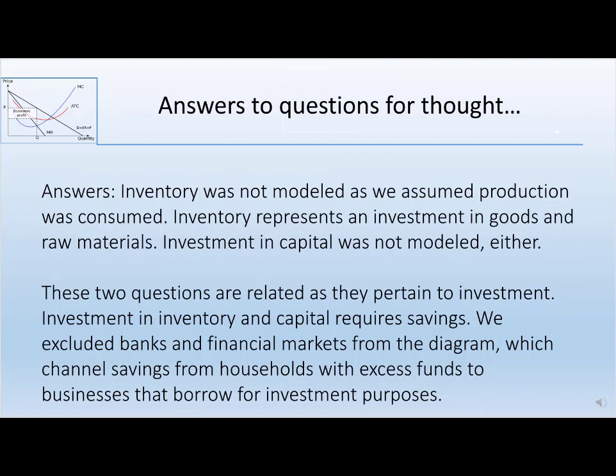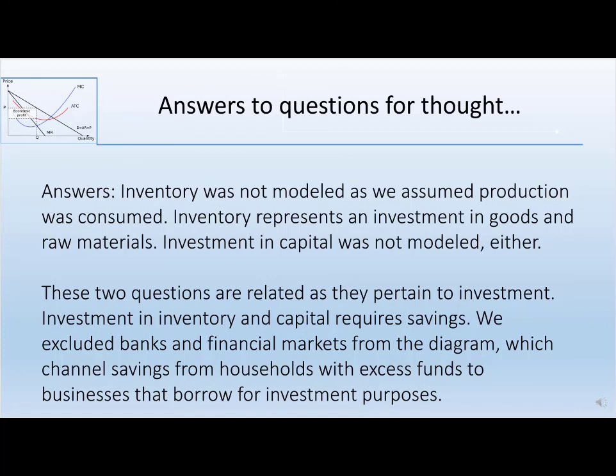Inventory represents an investment in goods and raw materials, and capital is also an investment, and that wasn't modeled either. So the two are connected. They're both investments that firms make. Okay? Investment in inventory and capital, this is the interesting part, requires savings. We excluded banks and financial markets from the diagram.